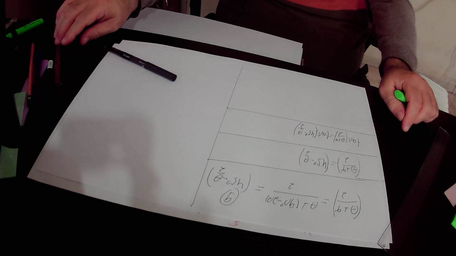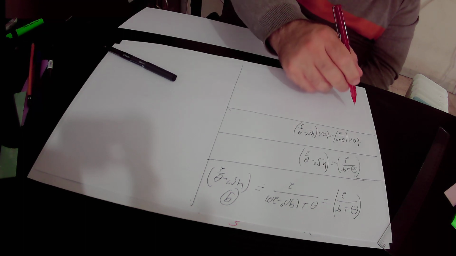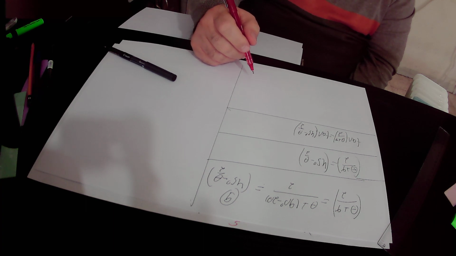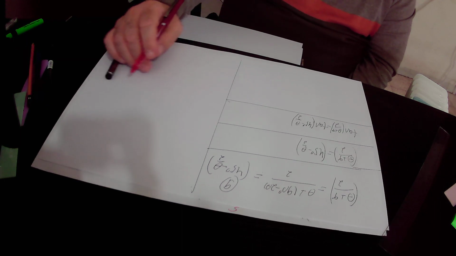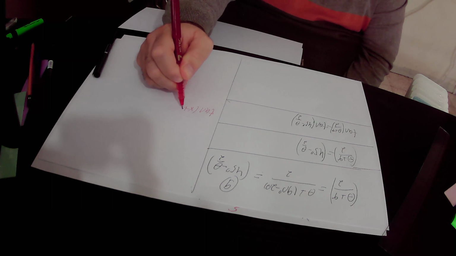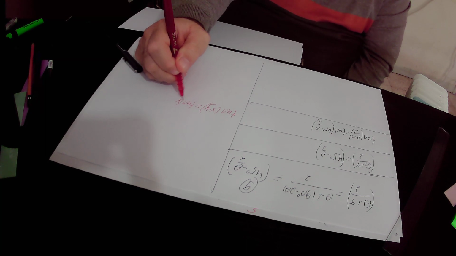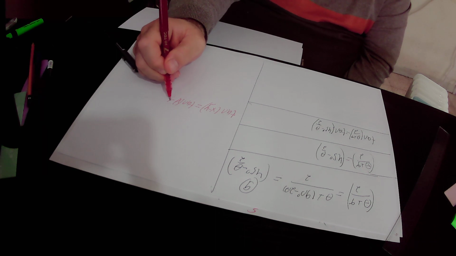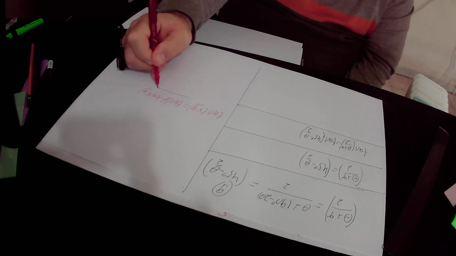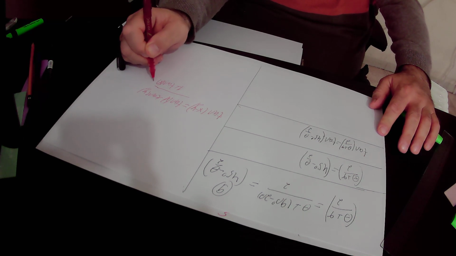Okay, here we will use the trigonometric identity that states that tangent of (x minus y) is equal to tangent x minus tangent y, over 1 plus tangent x times tangent y.